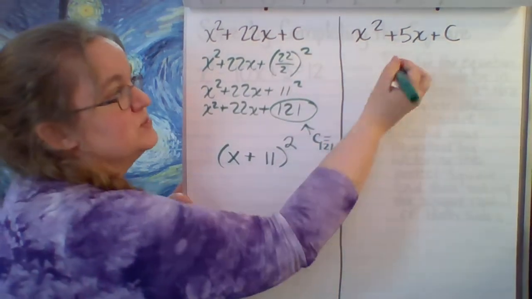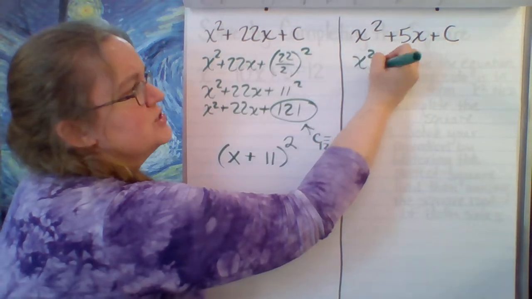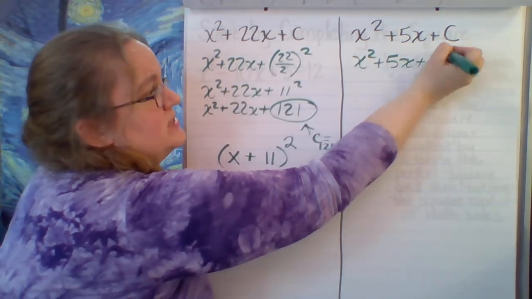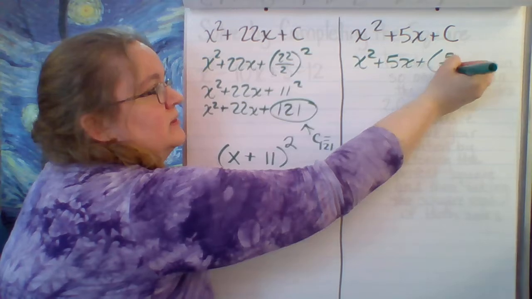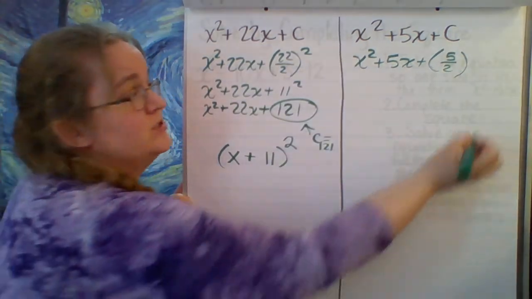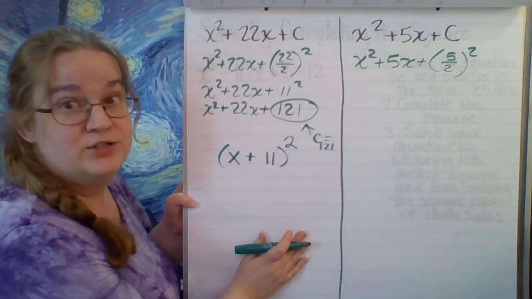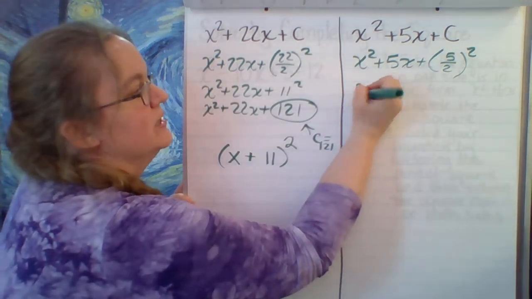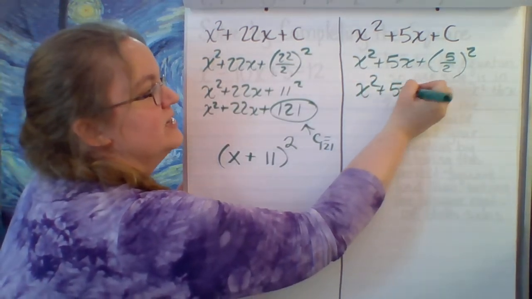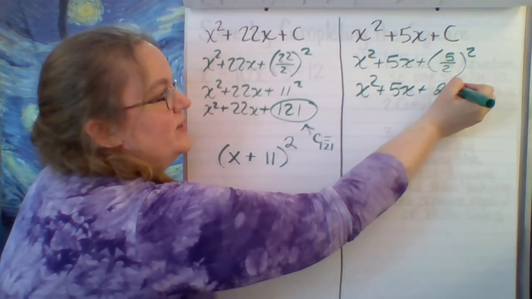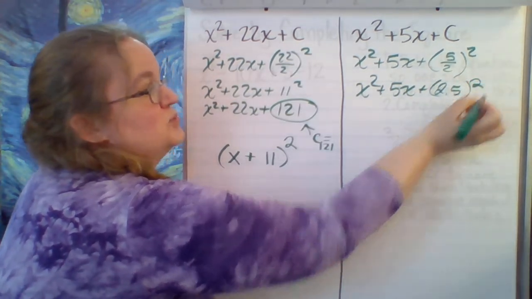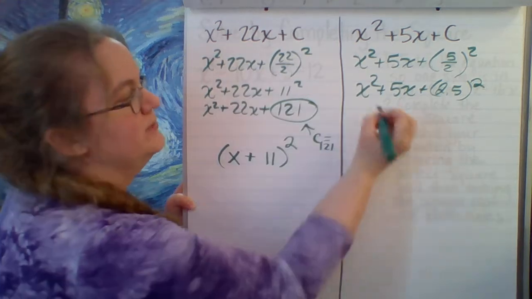So let's take a look at this one. So x squared plus 5x plus, I'm going to take b divided by 2 squared. Okay, so 5 divided by 2 is 2.5. So x squared plus 5x plus 2.5 squared. 25 times 25 is 625.